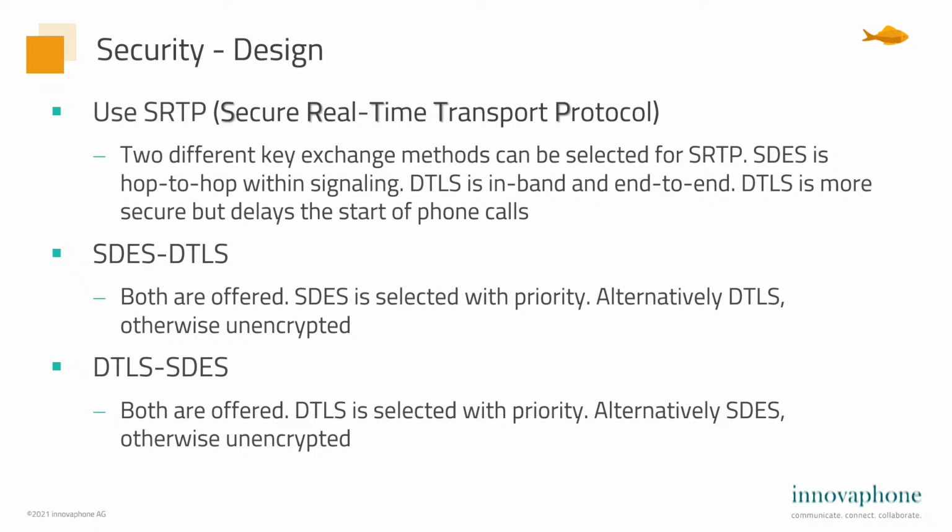Of course, we have the SDES. SDES is a hop-to-hop encryption. This means your phone has an encrypted way to the next hop. This is maybe a gateway or a PBX. And from there to the next gateway or PBX or telephone, it's another encrypted way. This is not as secure as DTLS. DTLS is an end-to-end encryption.